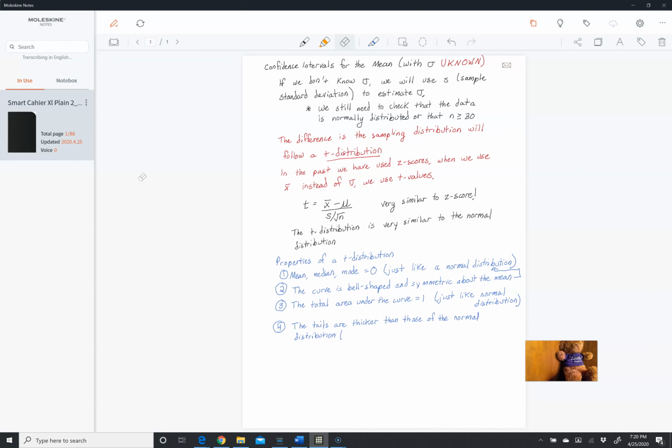So in the tails for the normal distribution, the area under the tail gets closer and closer to 0. Here, it gets smaller and smaller as you get further away from the mean, but it comes up higher. It's not as close to 0 as it is for the normal distribution.